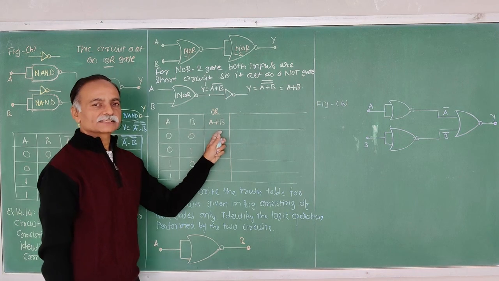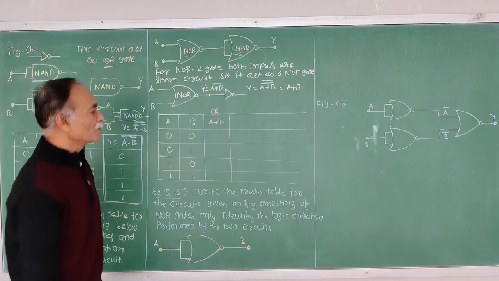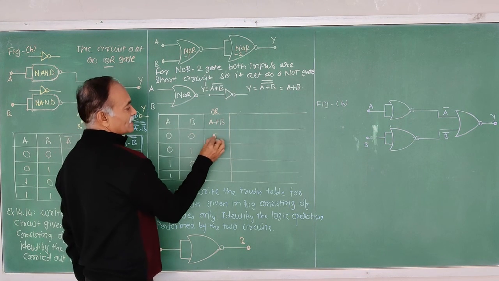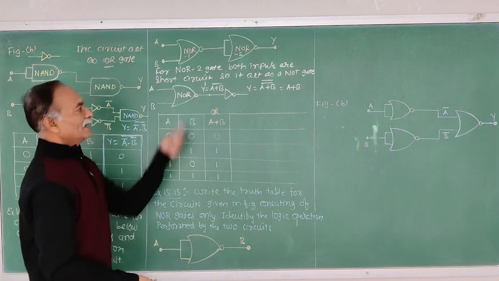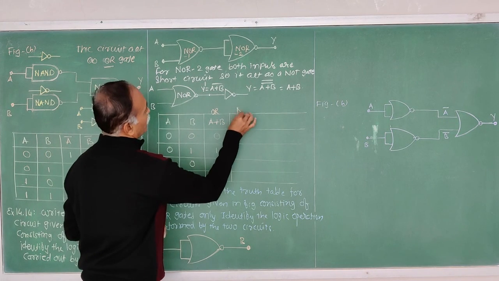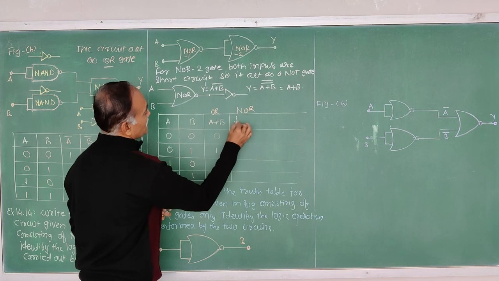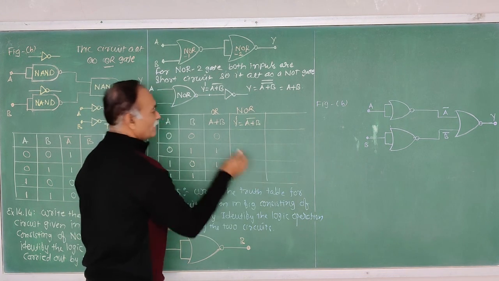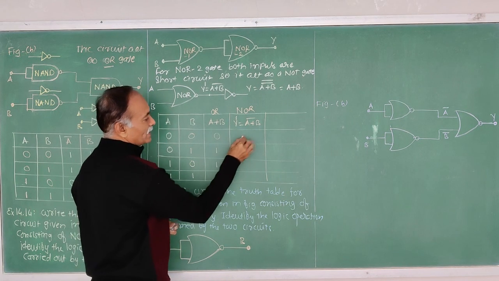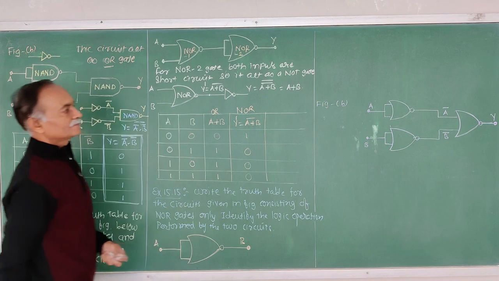For an OR gate, if both inputs are 0, the output is 0, otherwise 1. But there is a NOR gate, therefore for the NOR gate the inverted output y dash is equal to A plus B bar. So the inverted output of the NOR gate is 1, 0, 0, 0.